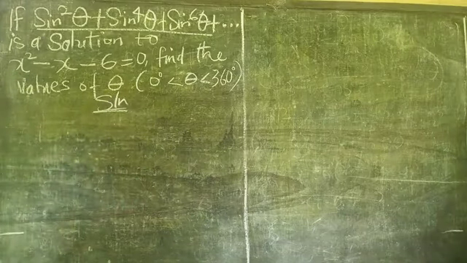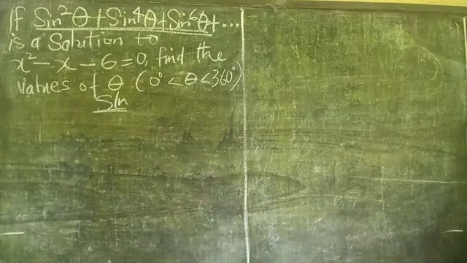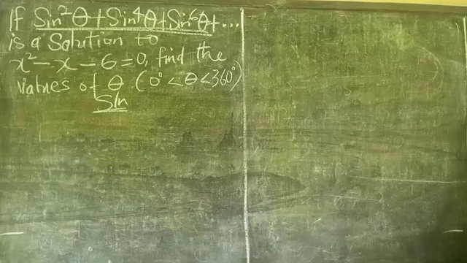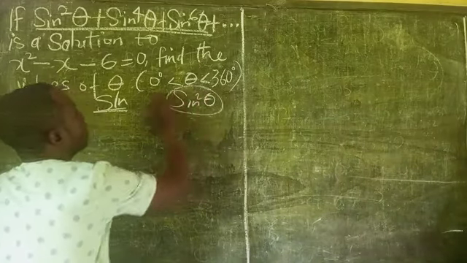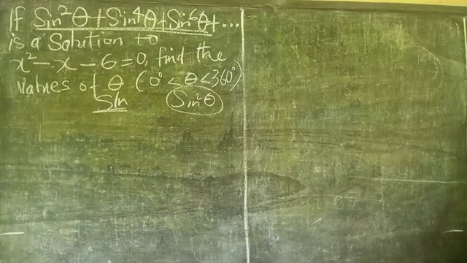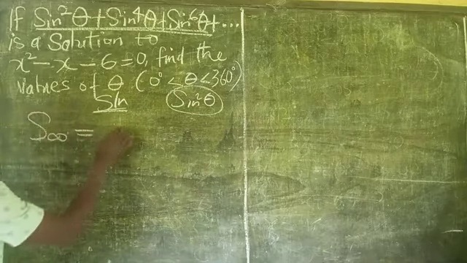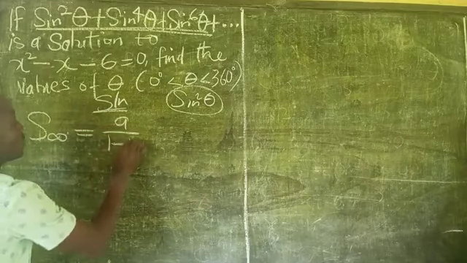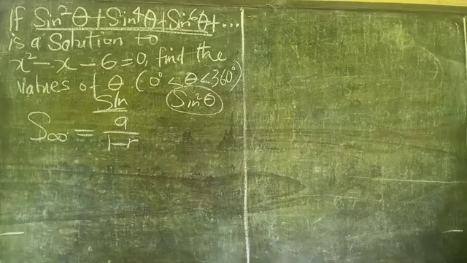Solution. If you look at this carefully, you realize that it's a geometric progression to infinity. It's a geometric series with a common ratio of sine square theta. If this is true, then the sum of a geometric progression to infinity is given as s equals a all over 1 minus r, where r is the common ratio and a is the first term.